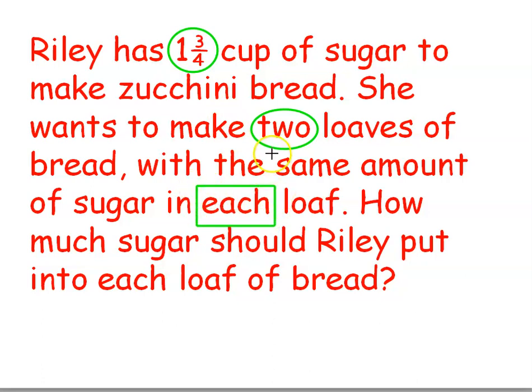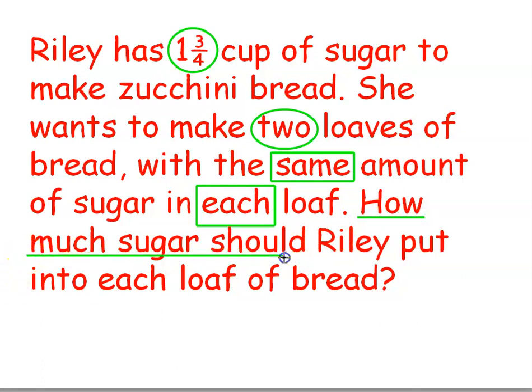So it has to be the same amount of sugar in each loaf. How much sugar should Riley put into each loaf of bread?